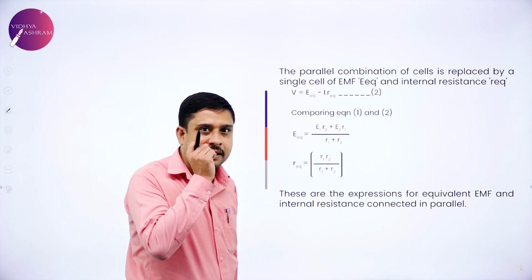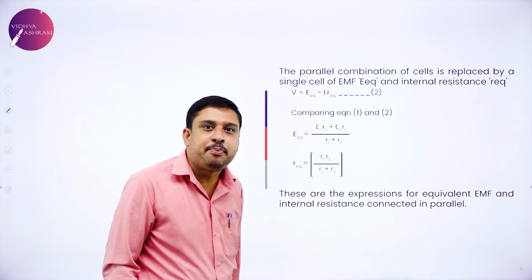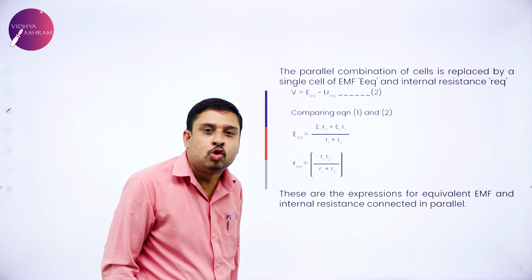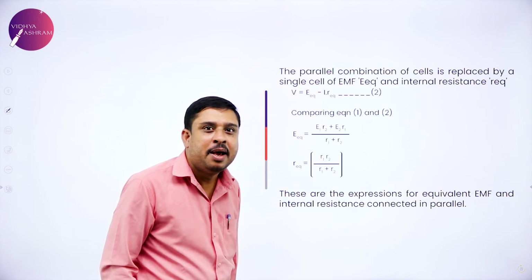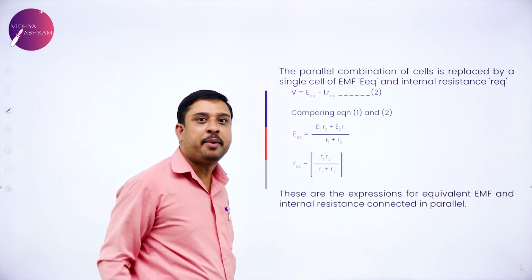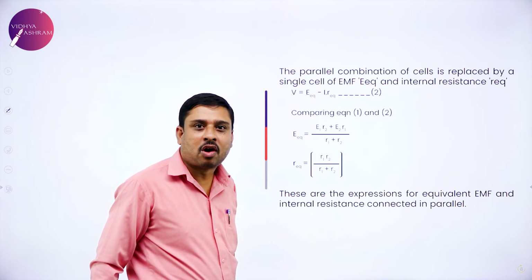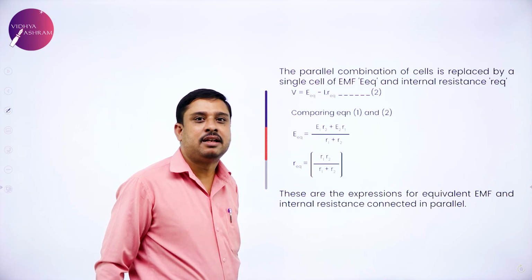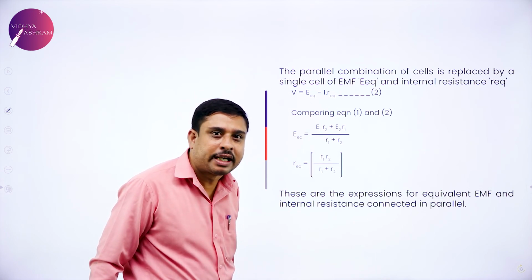Now students, again I replace those two cells in parallel by an equivalent cell. What should the equivalent cell do? It should draw the same current under the same potential.